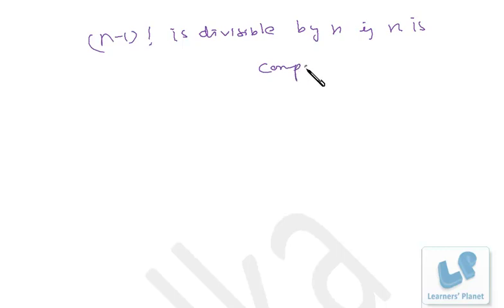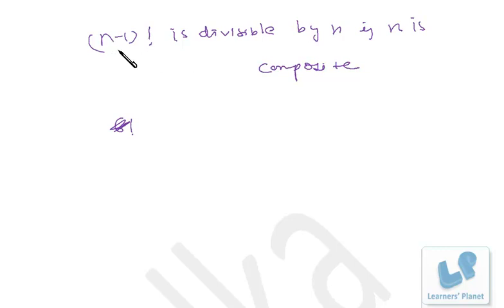Next thing, in the sequence of this Wilson's theorem, (n minus 1)! is divisible by n if n is composite, right? That means 7 factorial will be divisible by 8.